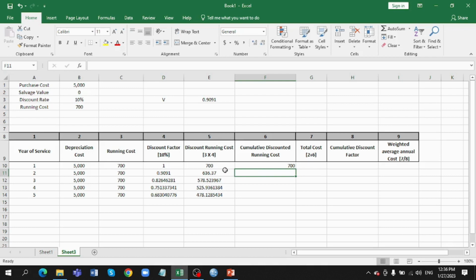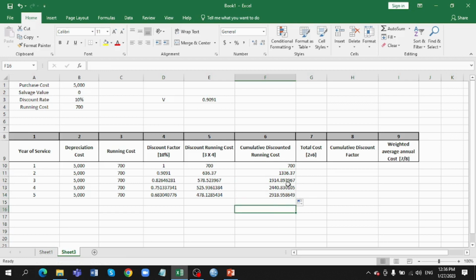As we move down, the total of this one will be added to the next, and so on and so forth. So we have our 700 plus this one, it will become 1,336.37 pesos. And when we move to the third one, this 1,336.37 will be added to this one. So to do that without hassle, let's just drag this one down. Then you have your column 6 filled with values already.